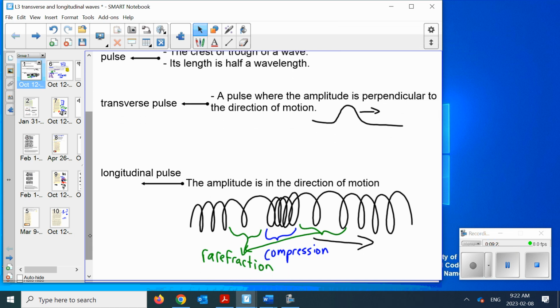Now, if you can imagine, on a pinball machine when you pull back that spring, that's the compression. Then it stretches out. If you have compression, then the spaced out part is the rarefaction. Oh, I misspelled it there. Rarefaction.